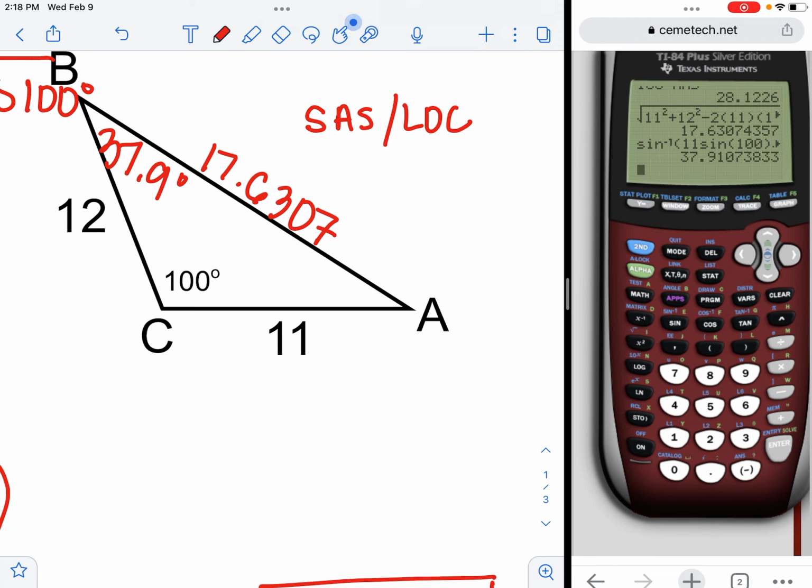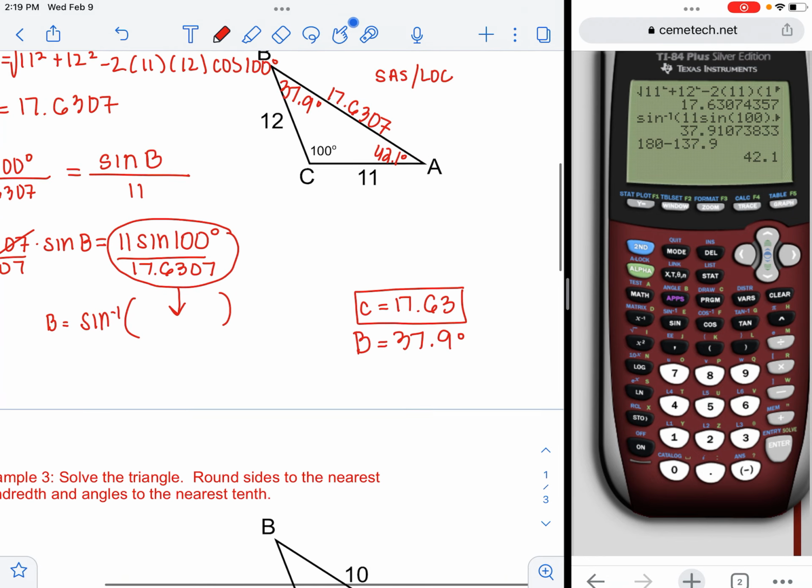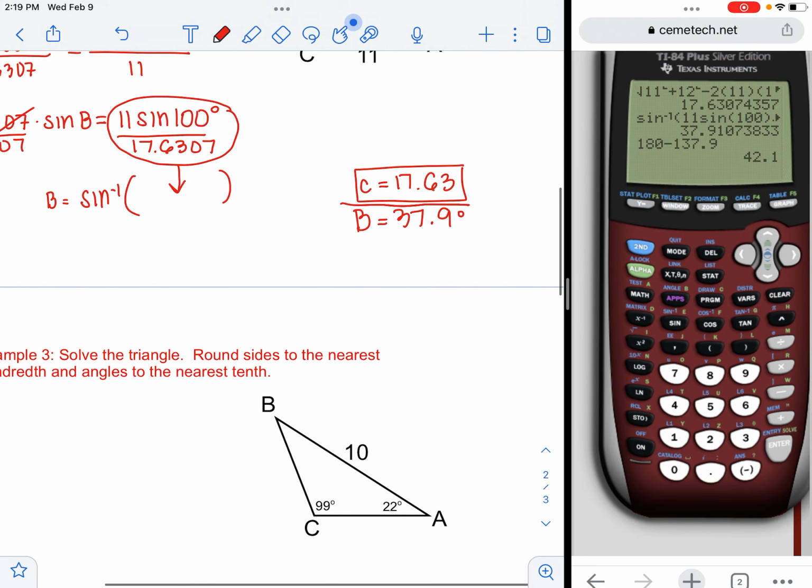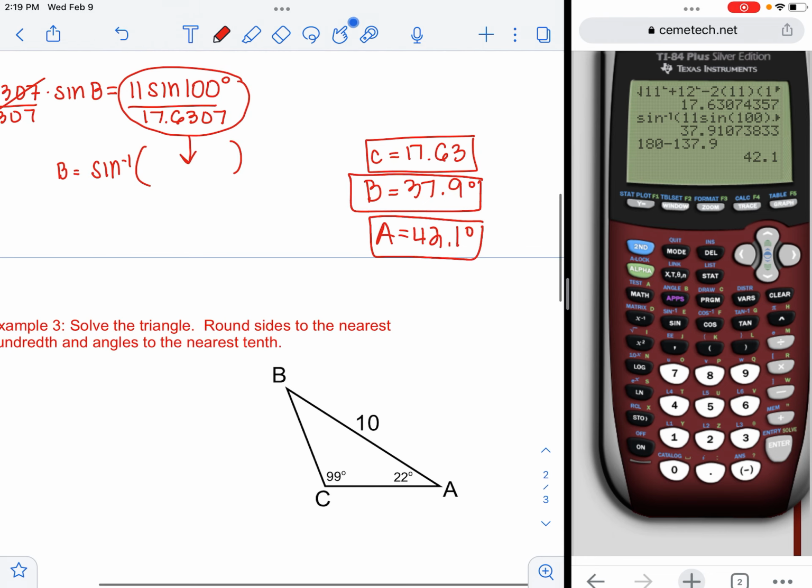And now I can figure out what angle A is. So I have two angles, 100 plus the 37.9, so 137.9, and then 180 minus that. Minus 137.9. And I get angle A is 42.1 degrees. So angle A, come down here, box this. Angle A is 42.1 degrees.